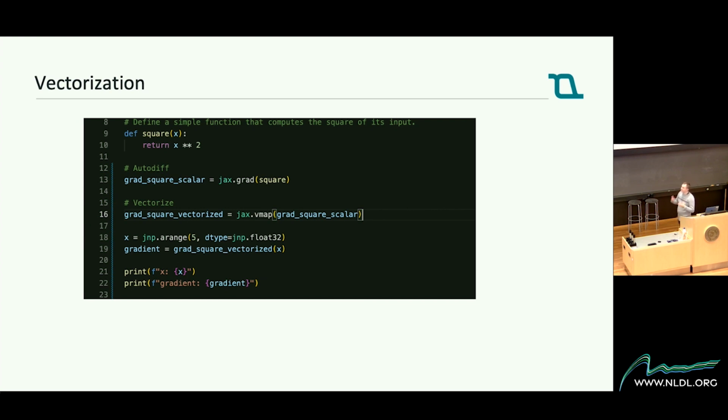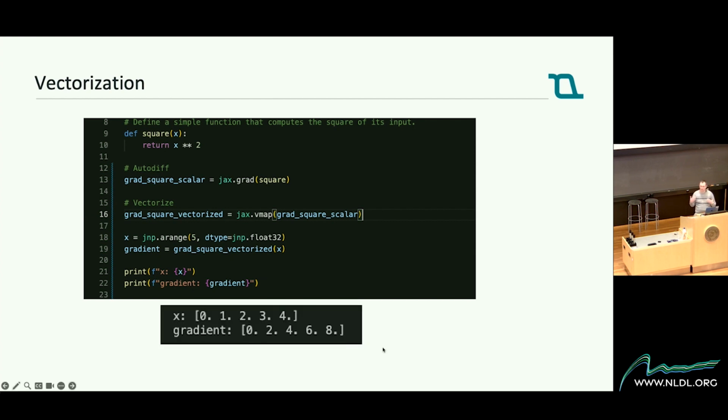And it's as easy as doing the auto-differentiation. You just use the jax.vmap. And now we can do this same example on not only a scalar, but an array. And this looks more or less correct. I haven't checked each number, so if you want, you can do that for me.